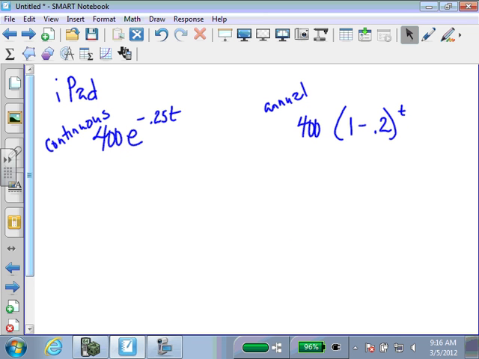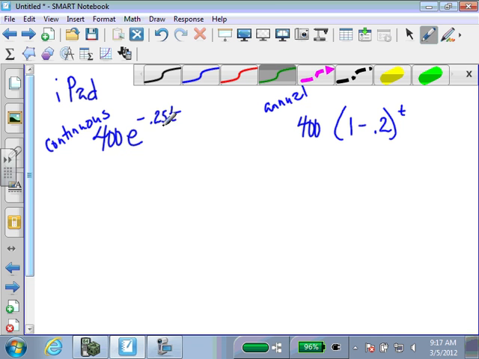Okay, let's take an iPad, which, you know, the minute you buy it, it starts to lose value. So if we put it in a continuously losing value type model, it might look like this. I paid $400 for it, and it's losing 25% of its value each year. This one is an annual model, so let's suppose I know that it's losing 20% of its value each year.